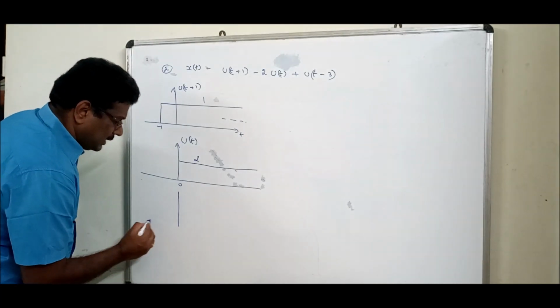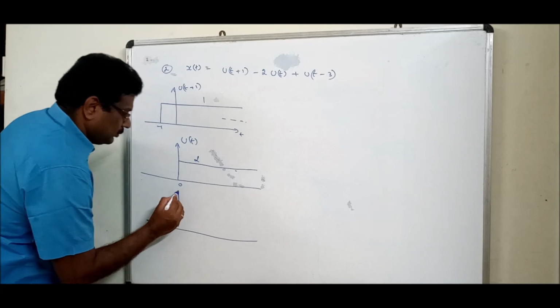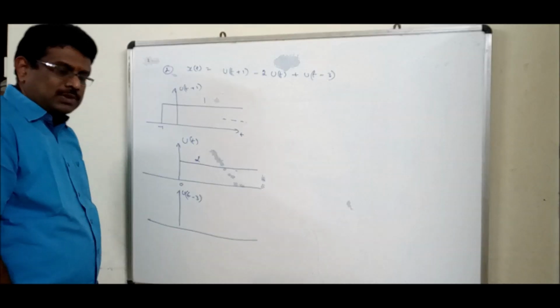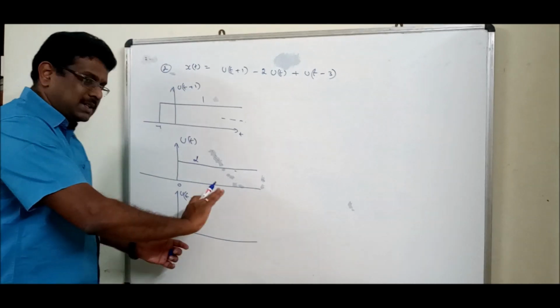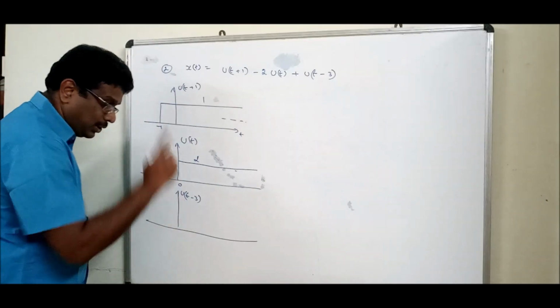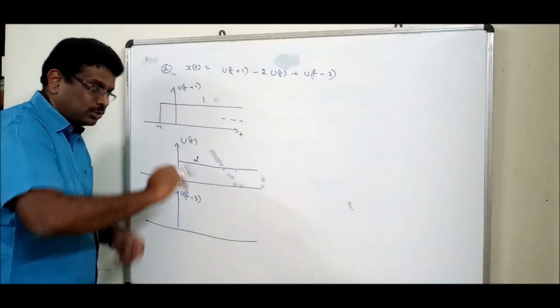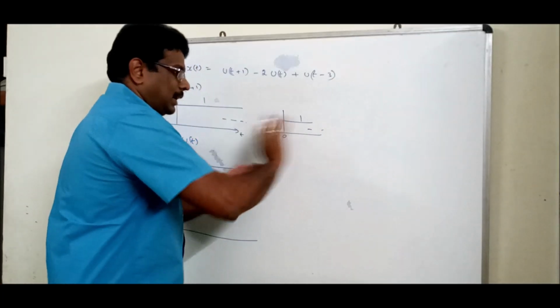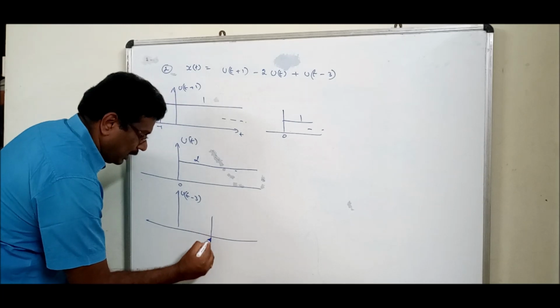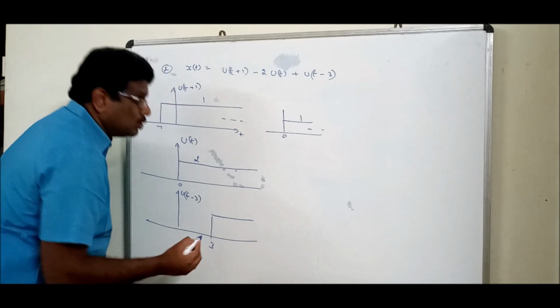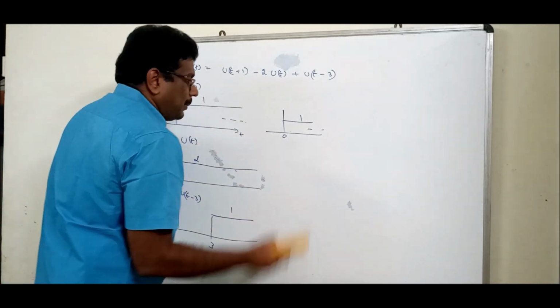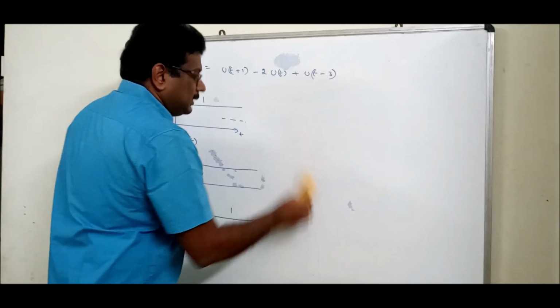What is the third signal? u of t minus 3. Right shift or left shift? Right shift by 3 values, so it starts at 3, with amplitude 1.